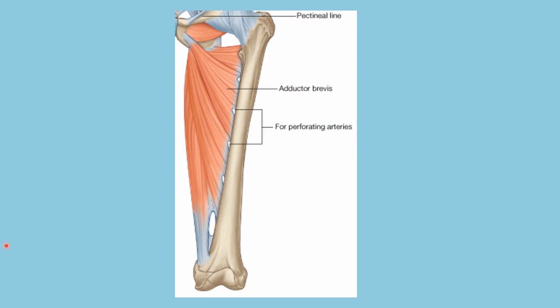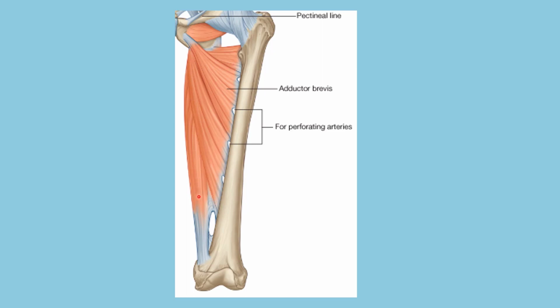The massive muscle adductor magnus has two parts. You can see some fibers are horizontal and some fibers are vertical. The horizontal fibers running between pubis and upper part of the linea aspera are known as adductor part of adductor magnus, which is supplied by obturator nerve.